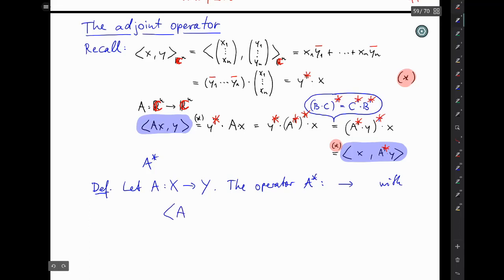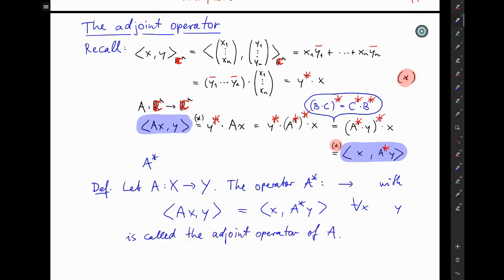So Ax comma y shall be equal to x comma A star y, and this shall be true for all little x's and all little y, is called the adjoint operator of A.